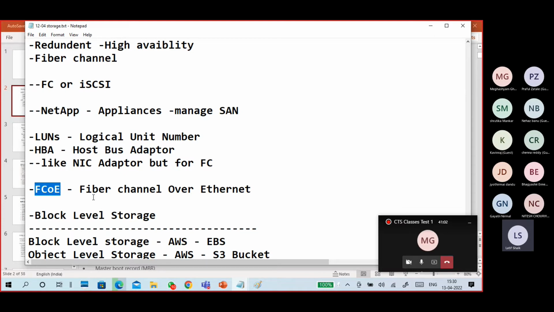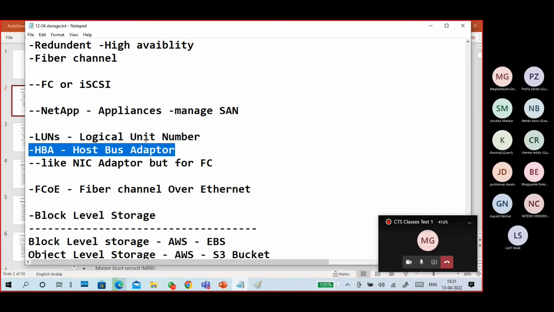The entire SAN data is transmitted through fibre channels only, and you connect your servers with fibre cables only. To connect, we use an adapter called a host bus adapter, HBA.